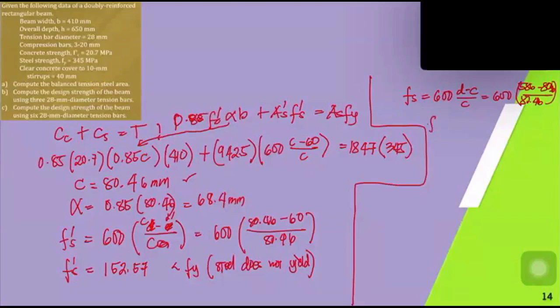So fs equals... how much is the tension?